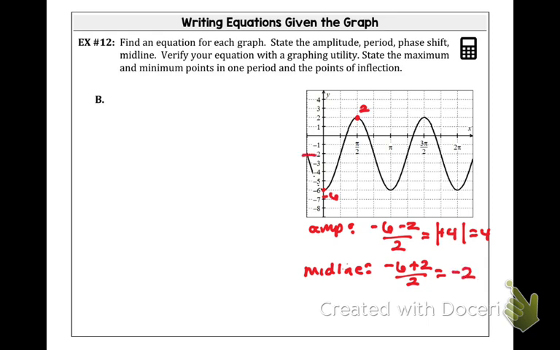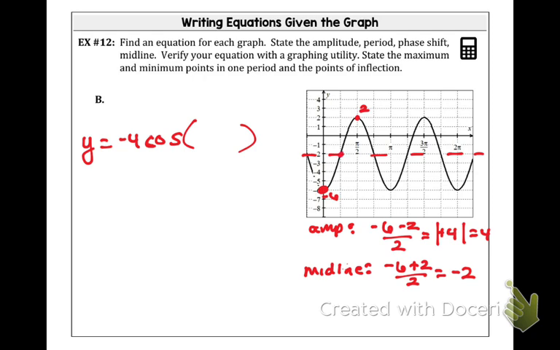So let's go ahead and dot that out so I can figure out if I have a cosine or a sine graph. Looks like we have a cosine graph, but we're starting at a minimum, so a negative of that. So y is equal to negative 4 cosine. Okay, so my period.